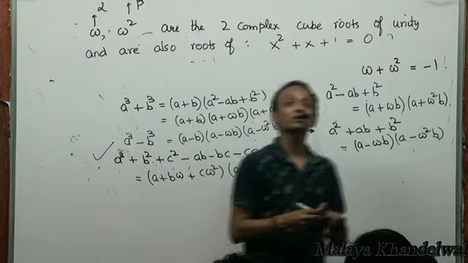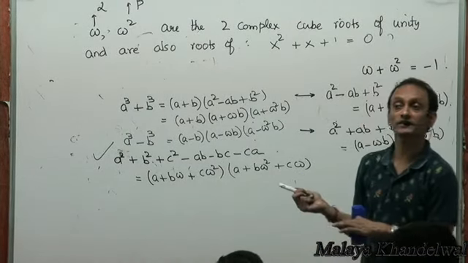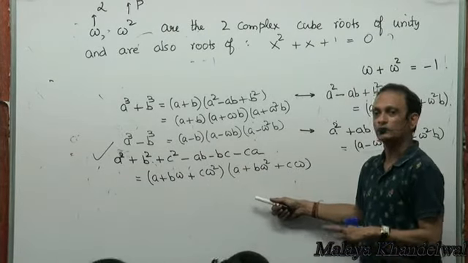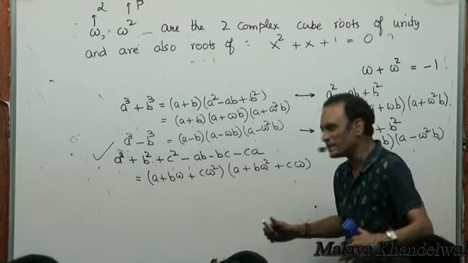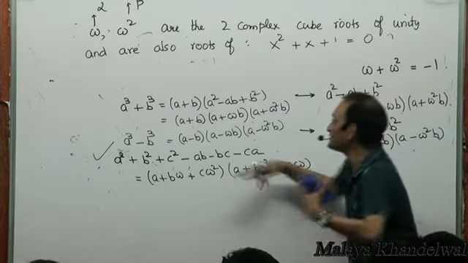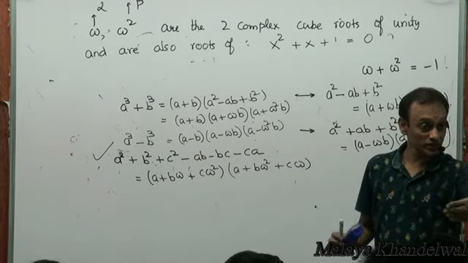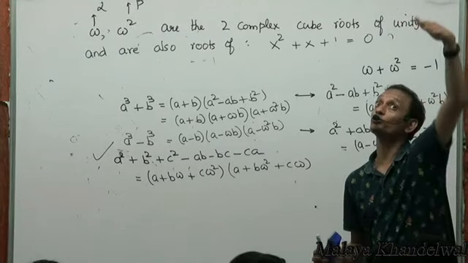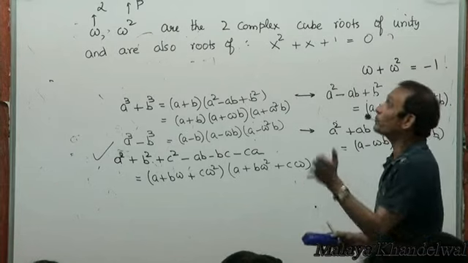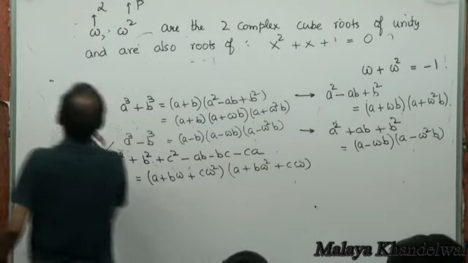I would want you to break your heads over this and try and obtain this all by yourself. You might at least, let's say, at the beginner's level, just multiply terms here out and see if it turns out to be this, given the fact that omega cubed is 1, given the fact that omega to power 4 would be omega, given the fact that omega plus omega square is minus 1.